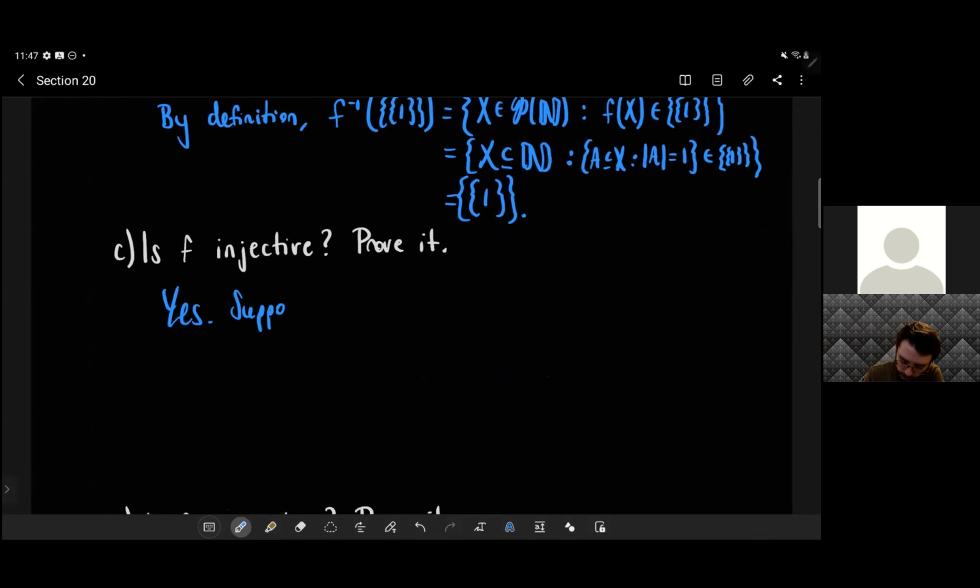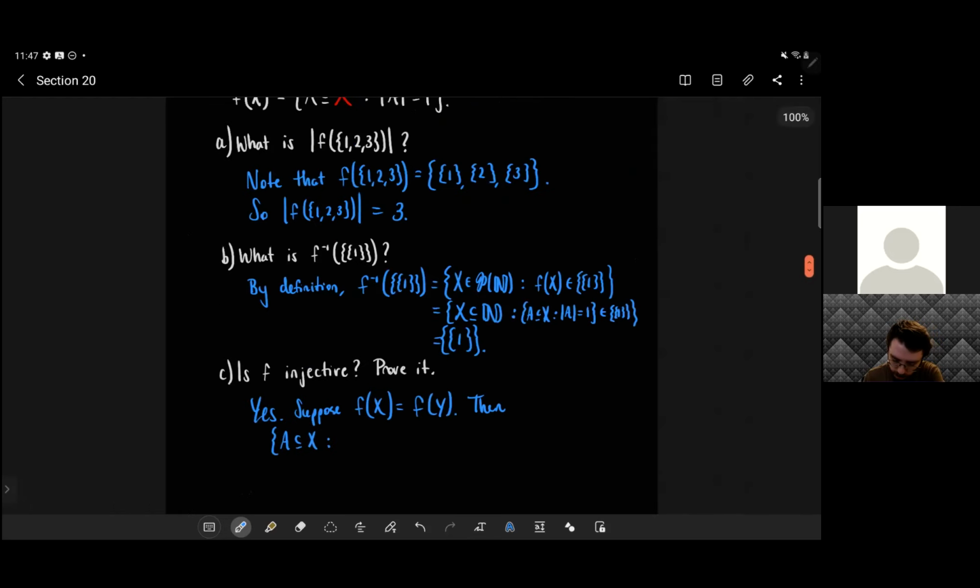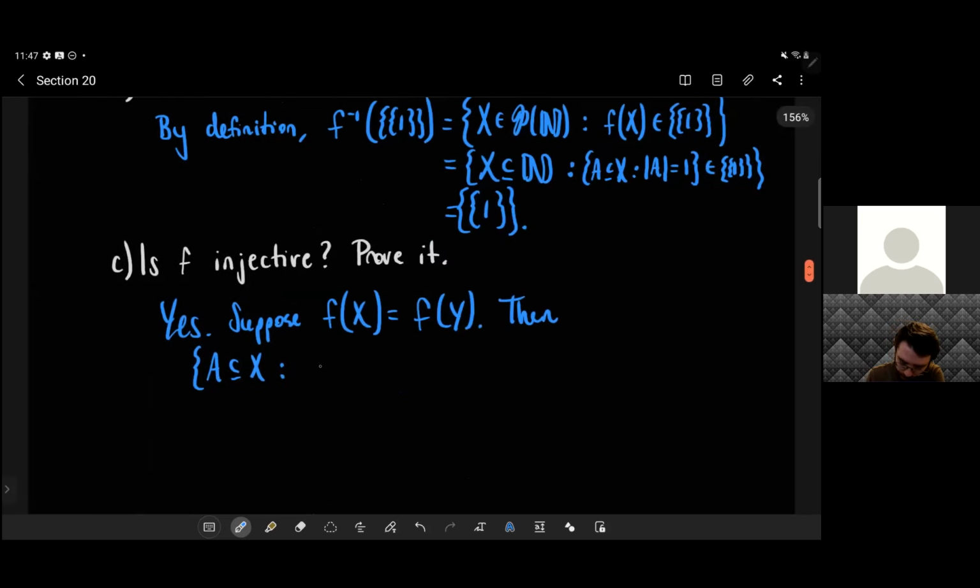But let's prove it. So suppose f of x equals f of y. And what are f of x and f of y? Well, f of x is the set of all subsets of x with cardinality 1.